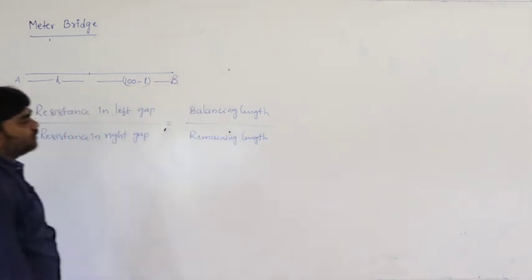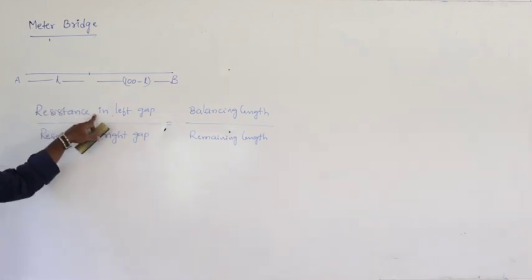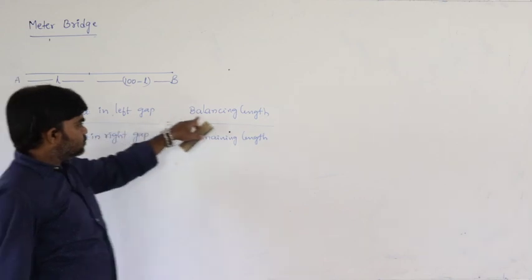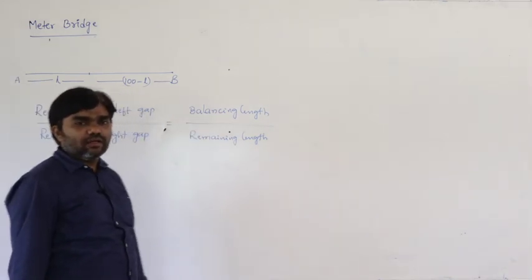So this is the general formula. Whatever is the resistance connected in the left gap and whatever is the resistance connected in the right gap, the ratio of these two is equal to balancing length by remaining length.